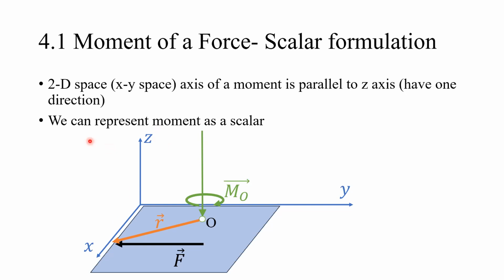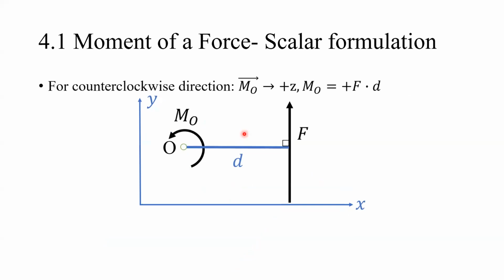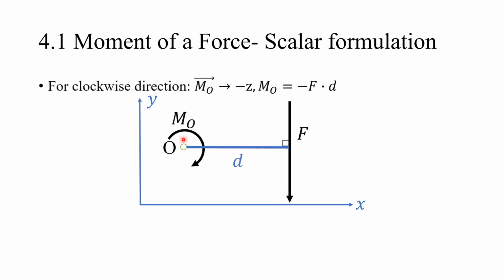In this case, we can represent our moment in scalar form, and that makes it easy to calculate the moment. To determine whether the moment is negative or positive, we can say if our moment has counterclockwise direction, our moment is positive. If our moment has clockwise direction, our moment has a negative value.